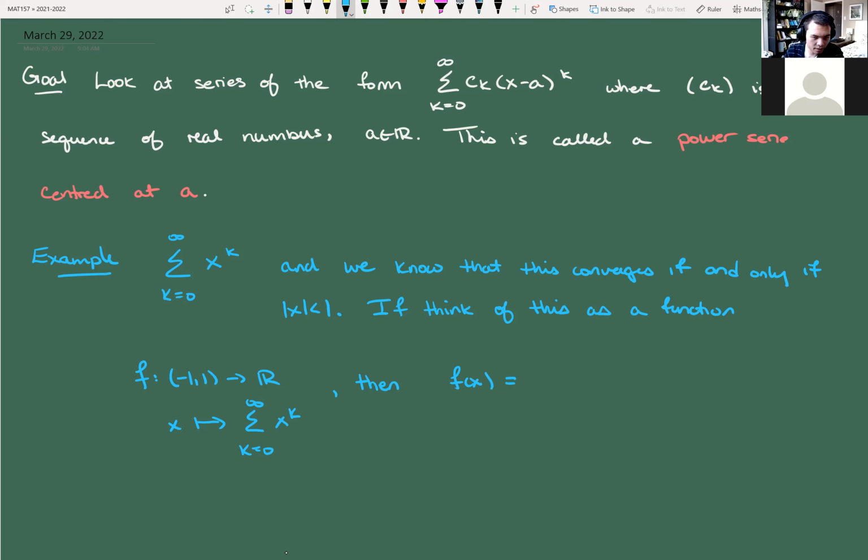What is f of x? Does anyone remember the formula? 1/(1 - x), exactly.